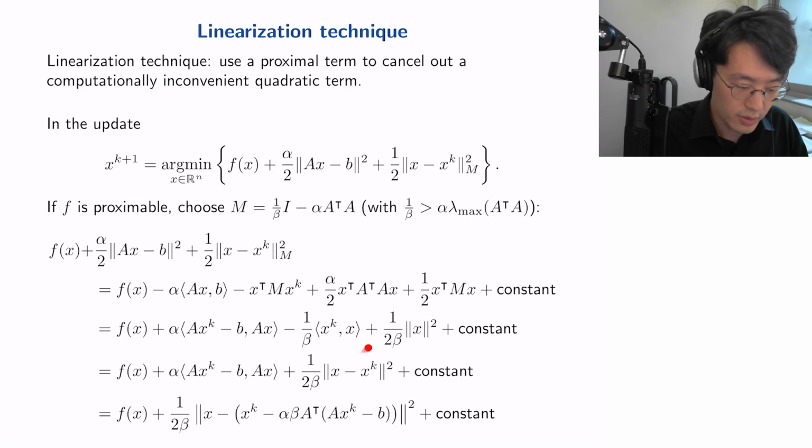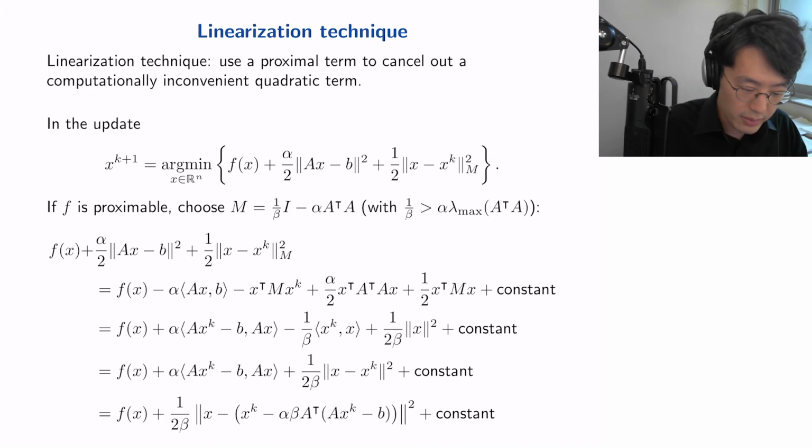And here's another term that's linear in x that comes out as a consequence of having 1 over beta I. And then here we have alpha over 2 x transpose A transpose A x. And then here, again, we plug in this definition of M. And note that the part that has minus A transpose A cancels out this term. So this term vanishes, and then the term involving 1 over beta x squared remains.